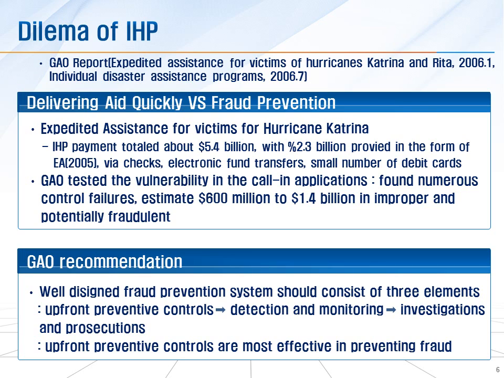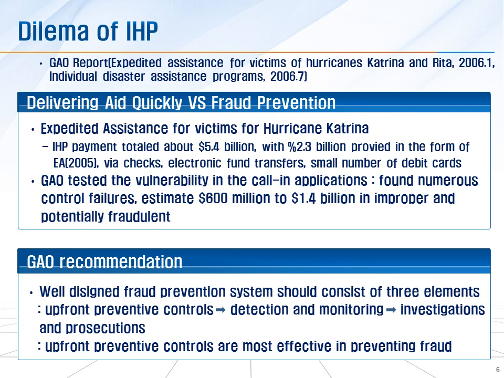So, GAO provides a framework for internal control that can be used to minimize fraudulent, wasteful, and abusive activity. This well-designed fraud prevention system should consist of three crucial elements. First, upfront preventive controls.